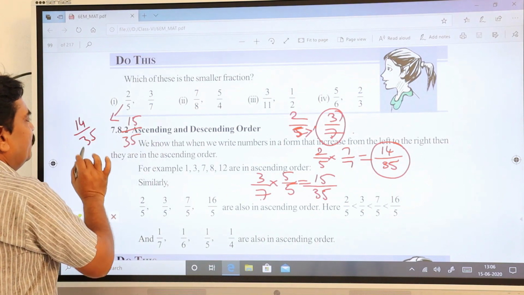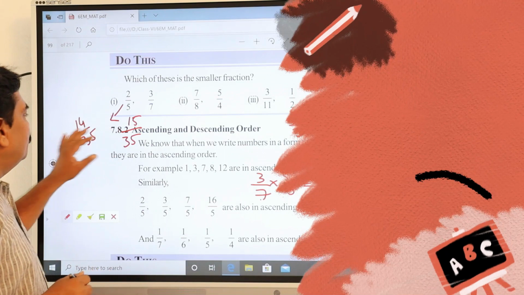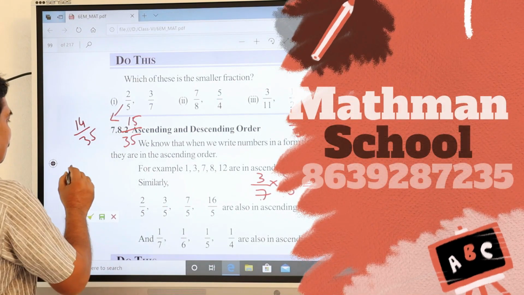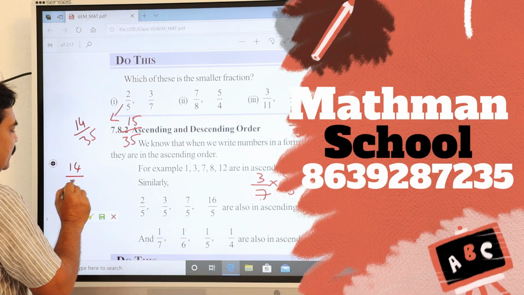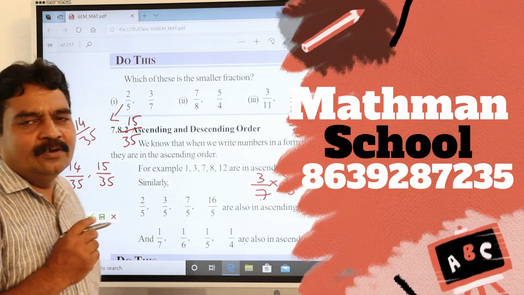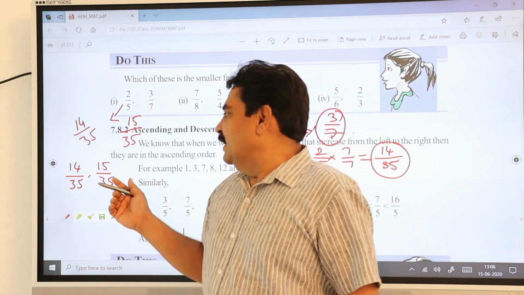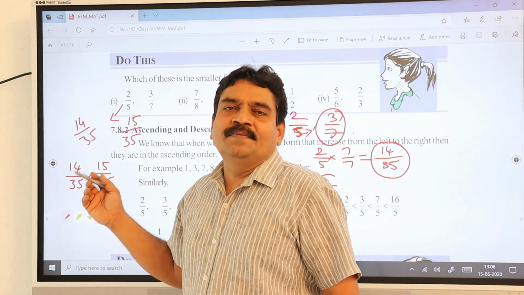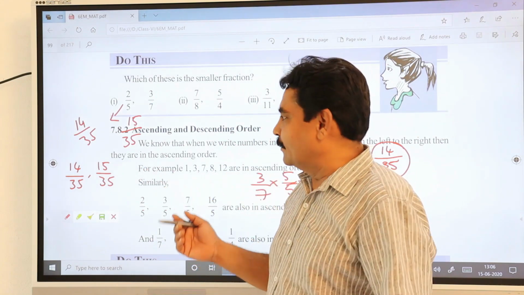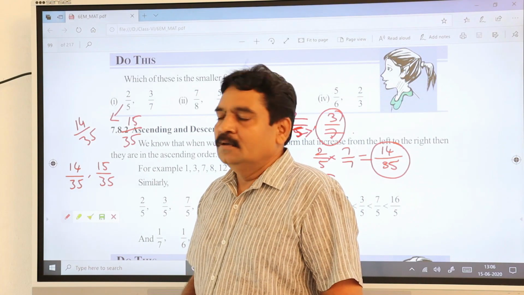So one is 14 by 35, the other one is 15 by 35. It has become like fractions. I'll just write it down here. 14 by 35, the other one is 15 by 35. Now you can easily tell which fraction is greater or which fraction is lesser by just seeing the numerator value.